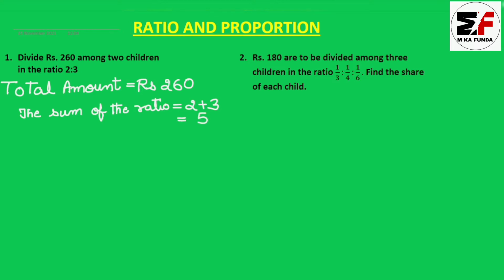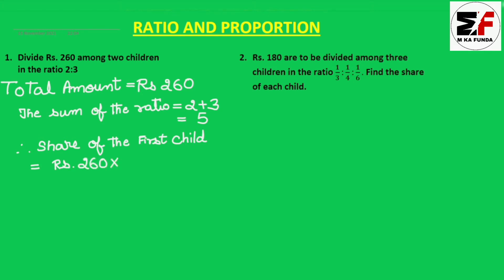Now the simplest thing, we need to add the ratios and look at the formula, how I am going to apply that. We'll write share of the first child. Share of the first child will be equal to total amount. Total amount, that is rupees 260.